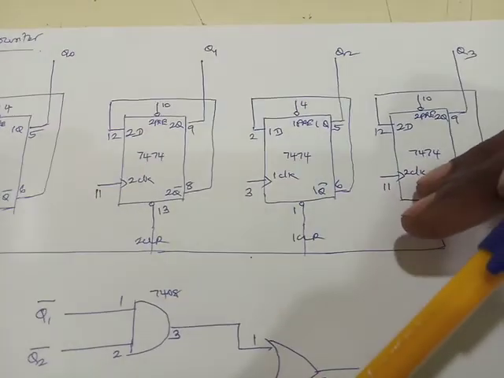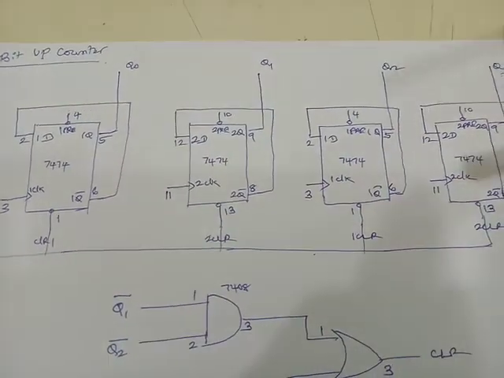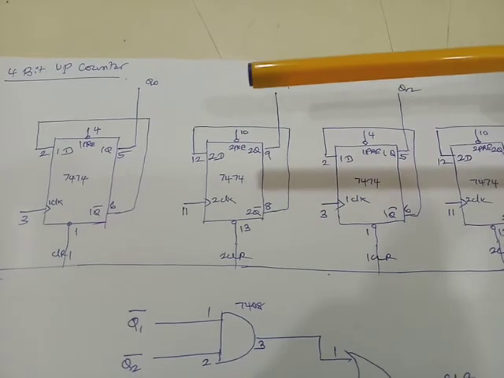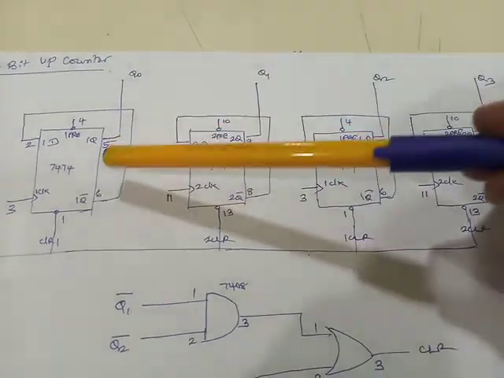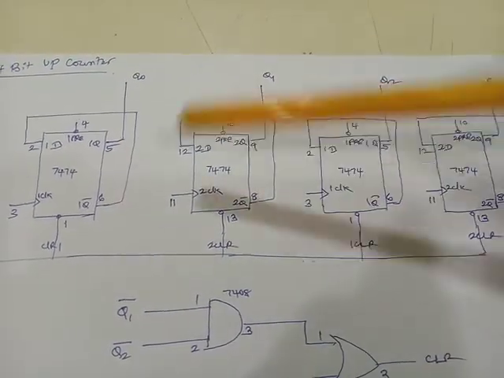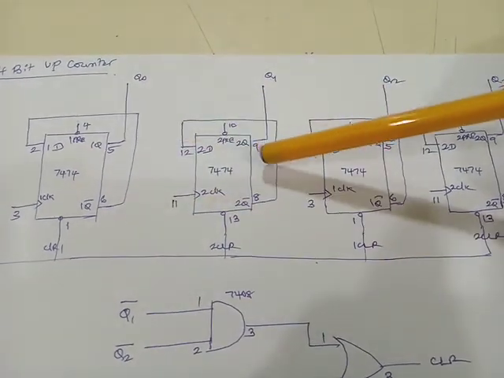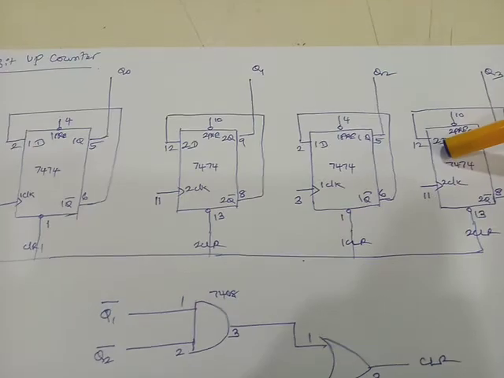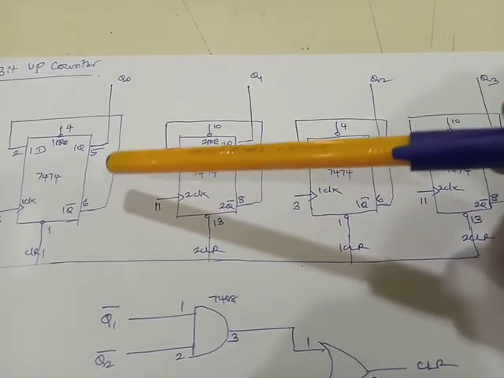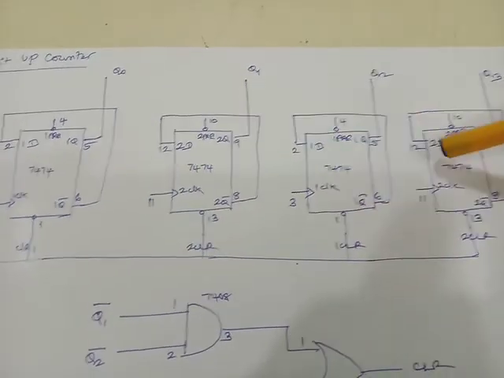Since we have a 4-bit counter, we require 4 flip-flops, because each flip-flop stores 1 bit. So we need 2 ICs, one 7474 and another 7474.